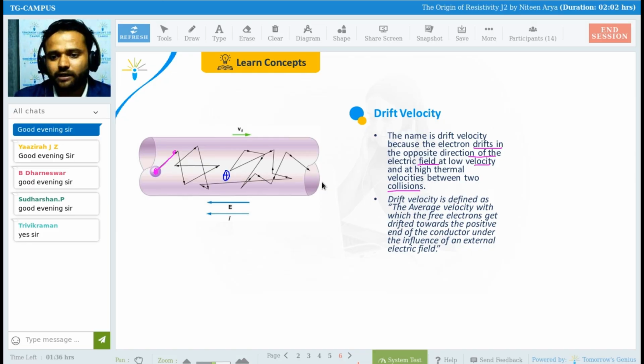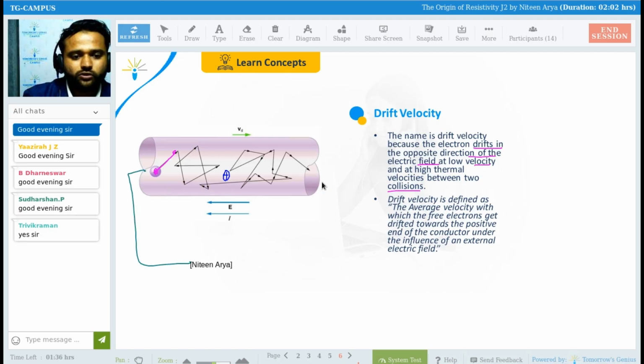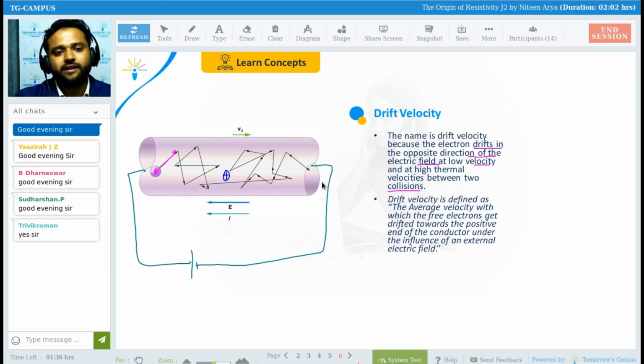So there are two kinds of velocity we're going to see. First, whenever we apply an electric field, due to this electric field the electrons are going to drift, due to this positive-negative scenario. And they are automatically in random motion too, so they collide with each other, again and again.